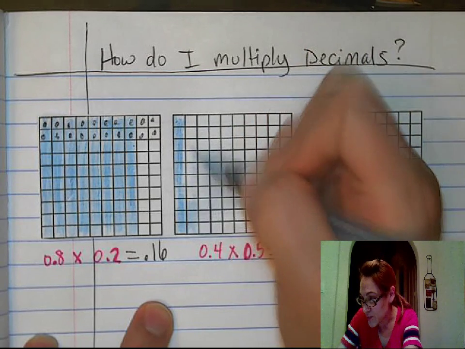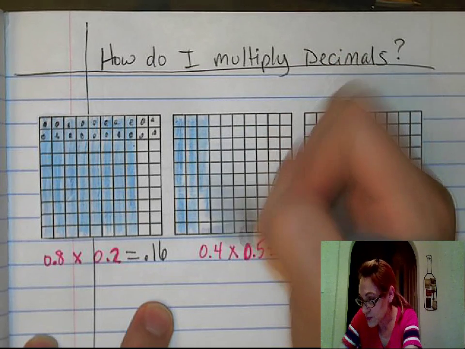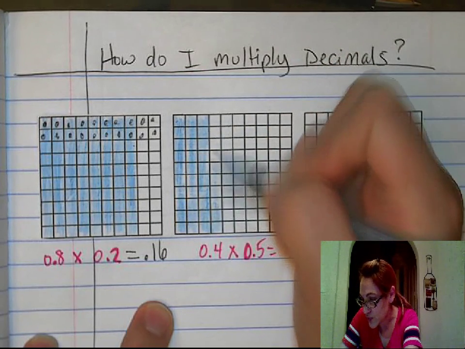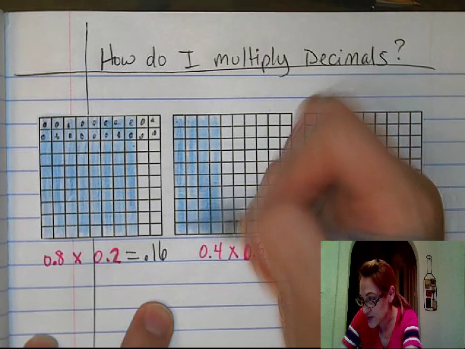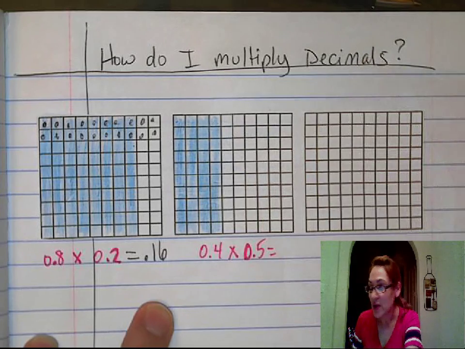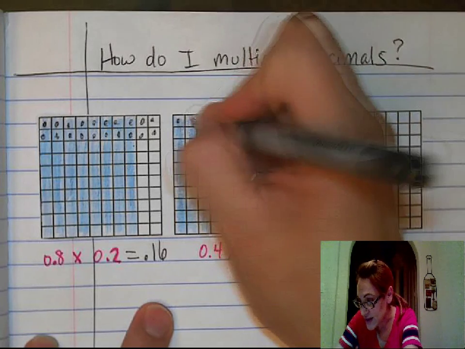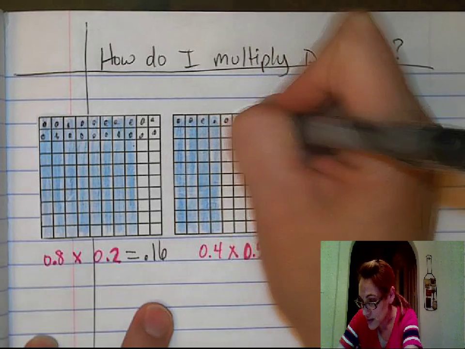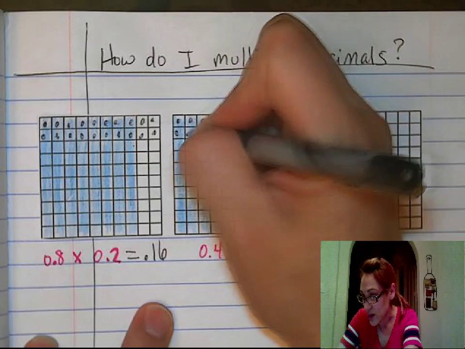Here's 2/10, 3/10, and here's 4/10, right? Alright, so here's 4/10 shaded in. Now I need to shade in 5/10, and I'm just going to use dots to represent 1/10. That's 1/10, right? I'm going to shade in 2/10 now.